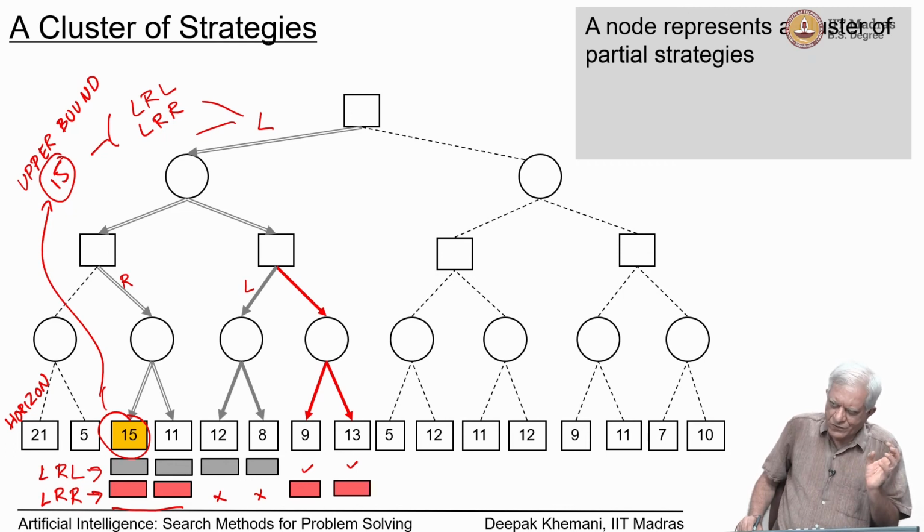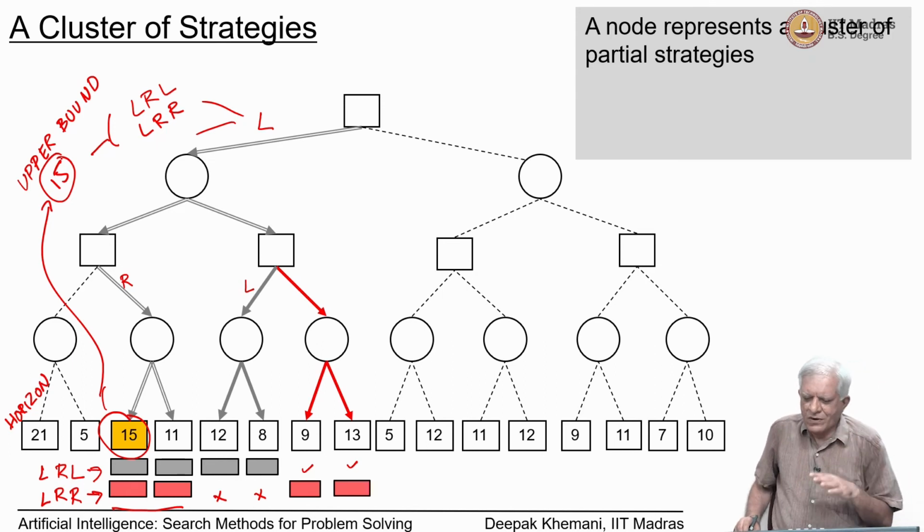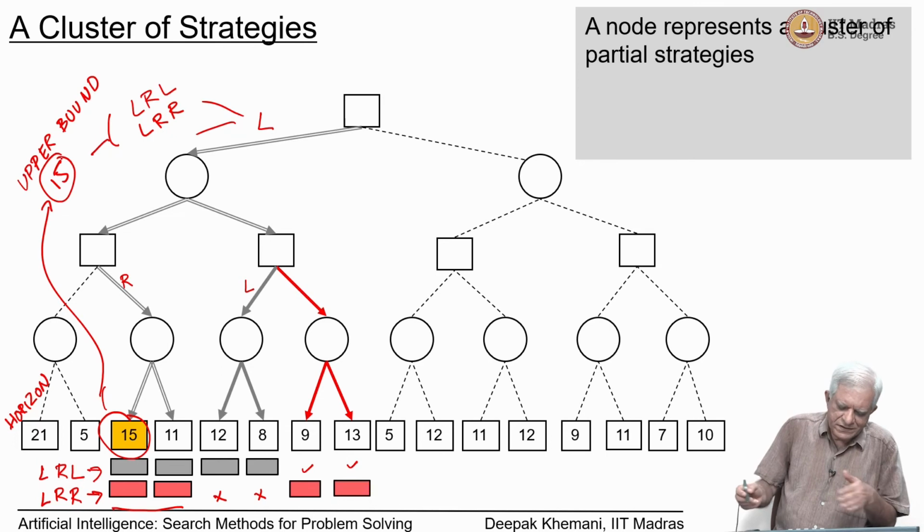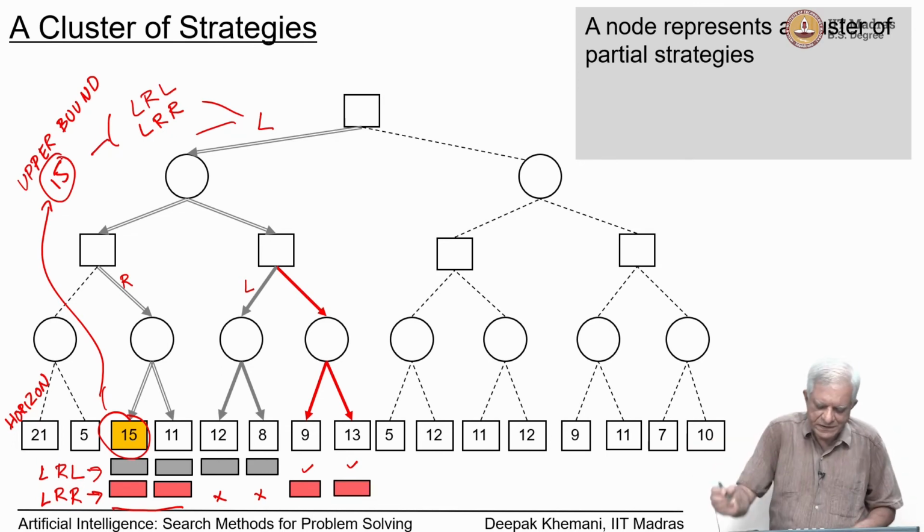So, every leaf node is going to be an upper bound on the values of the strategies in a cluster, and every leaf node represents a cluster of partial strategies. And as we have seen here, this leaf node 15 represents 2 strategies, LRL and LRR. So, 15 comes from L and R, and the other 2 strategies vary on the third choice, whether it is L or R.